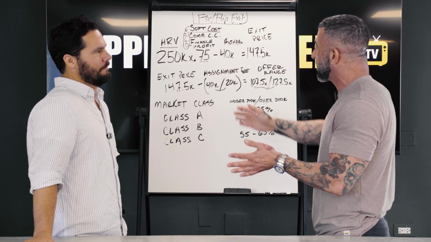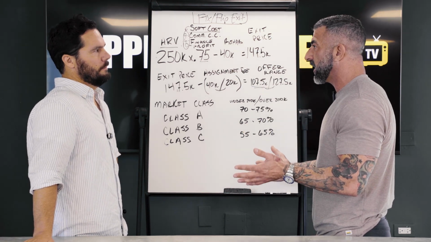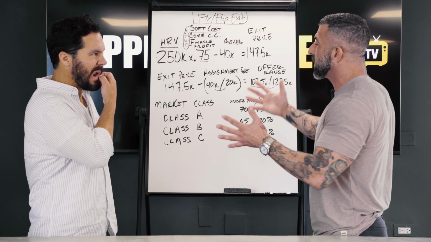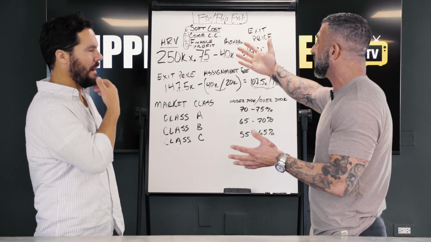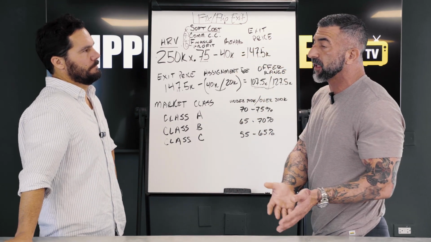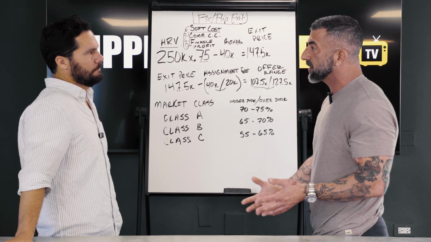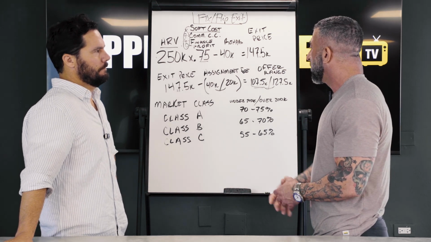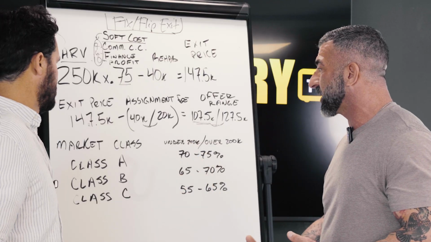So the percentages here get a little off, right? They don't need to make as much gross profit on something that's $250,000 as they would on a property that's $100,000. So that does get adjusted by about 5%. So our Class A markets are markets like Raleigh.